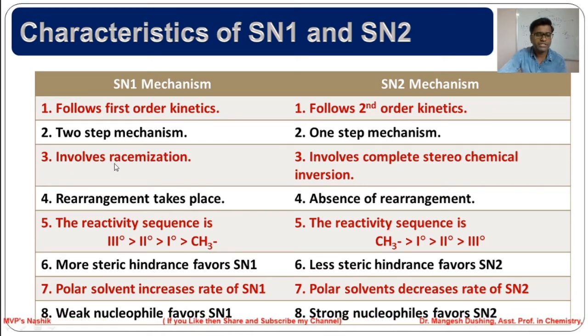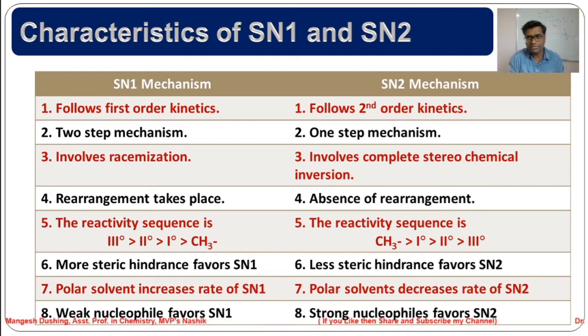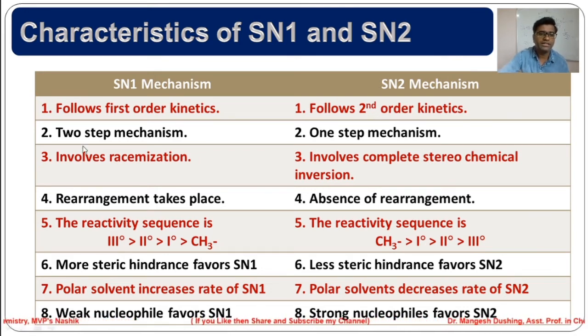While in the case of SN2 reaction it involves complete stereochemical inversion, because in the SN2 reaction the nucleophile comes from the backside of the leaving group. So, the stereochemistry of the substrate is getting inverted, that is inversion of configuration. So, in the SN2 mechanism there is an inversion of configuration, while in the SN1 mechanism there is racemization.